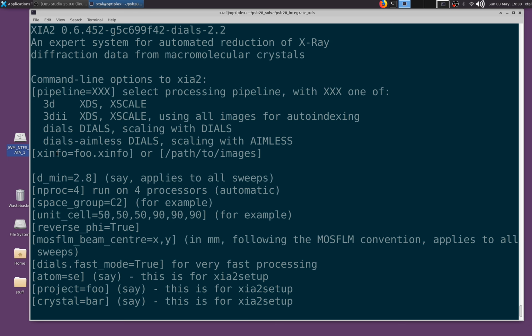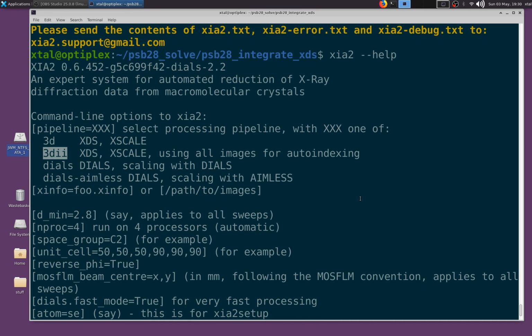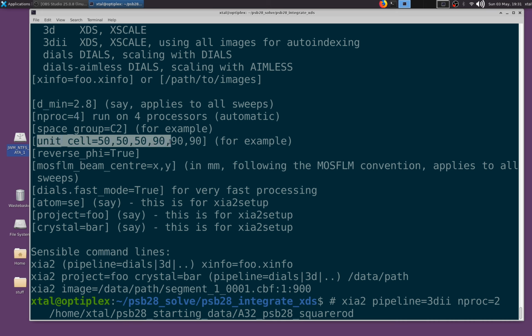Okay, so I'm going to use 3D2 to integrate, which is XDS using all images for indexing. nproc: I have 4 processors, but I'm only going to use 2 of them because I need others to run the video. I don't know the space group, I don't know the unit cell. It will take the beam center from the images. I want to do anomalous diffraction processing.